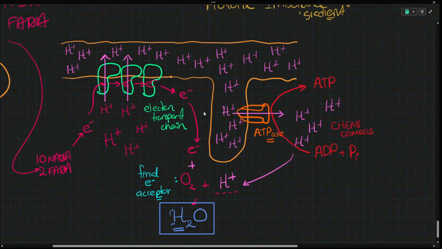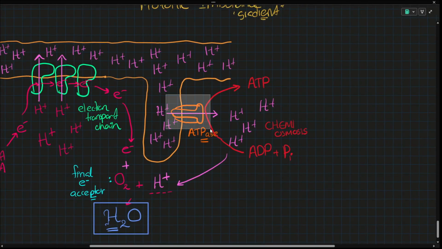When the H pluses return, this enzyme's head spins in circles, and that generates the energy to produce ATP.